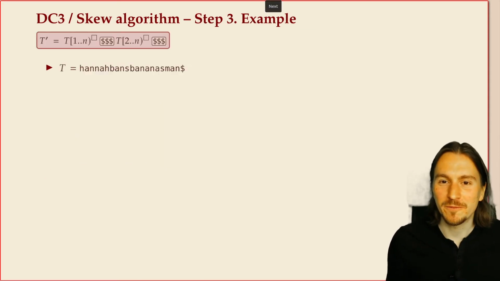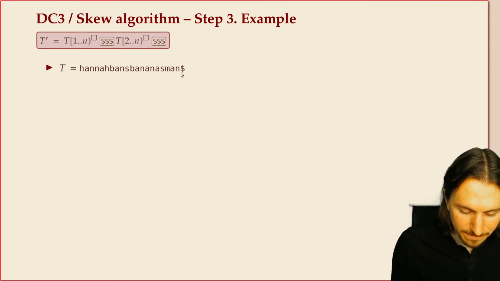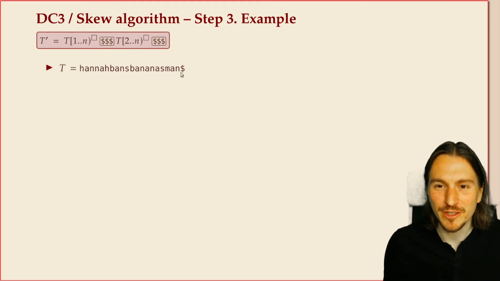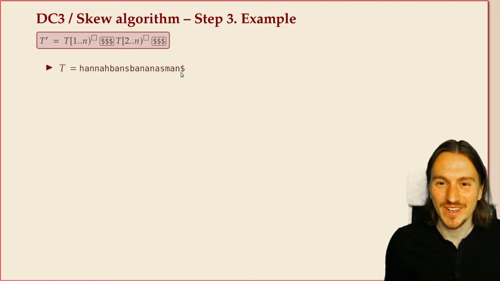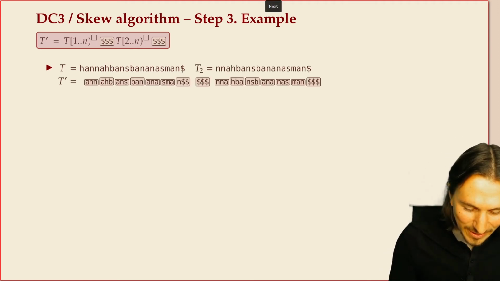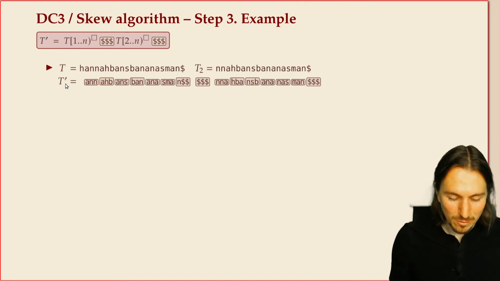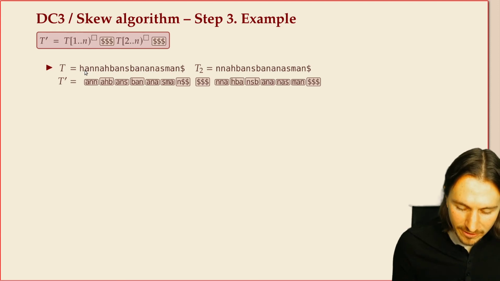So as promised, here's an example for that. Here's my favorite example from this subsection where we need a little bit longer text, Hannah Bends Bananas Man. And so here's the T prime. Here you see T1, it omits the first character.